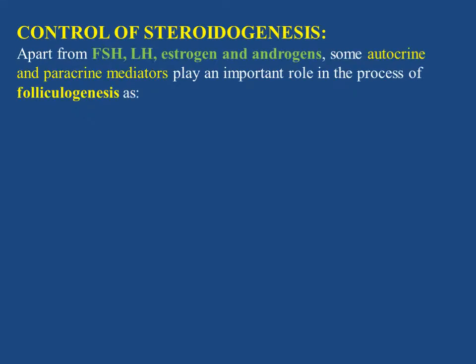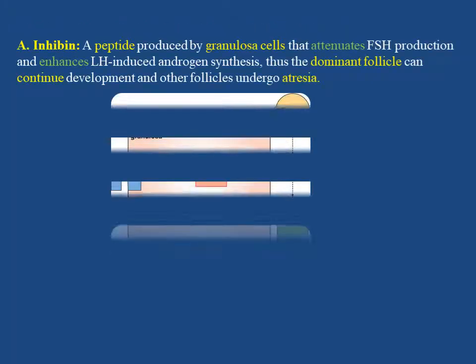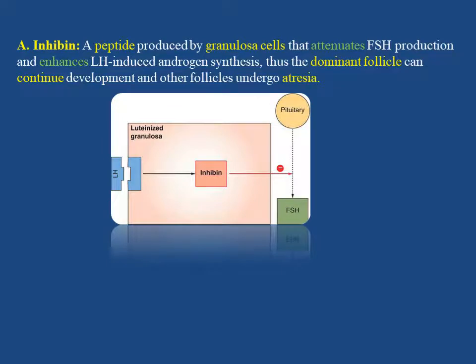What's the control of steroidogenesis? Apart from FSH, LH, estrogen, and androgen, some autocrine and paracrine mediators play an important role in the process. We have inhibin, of different types, inhibin A and B, and activin A, B, C, AC, and E. What's the function of inhibin?